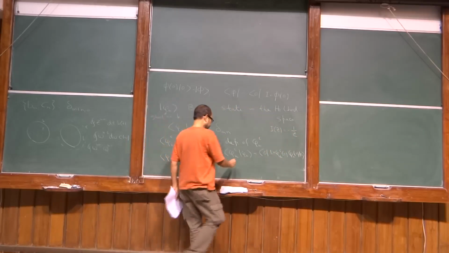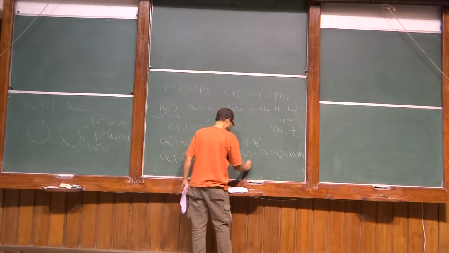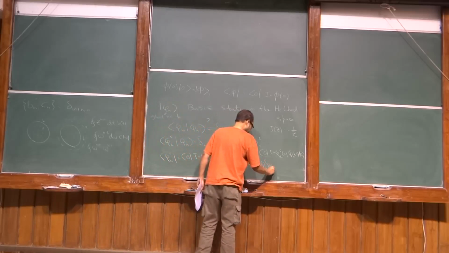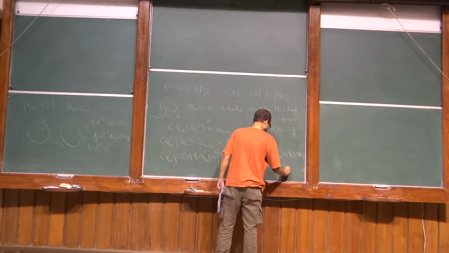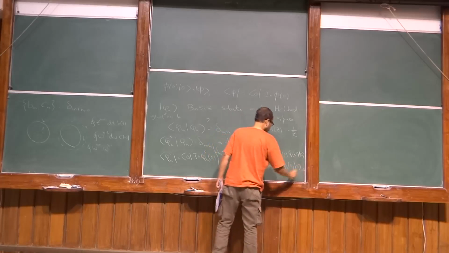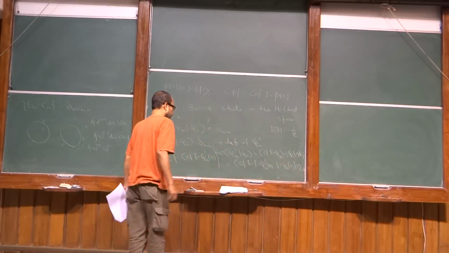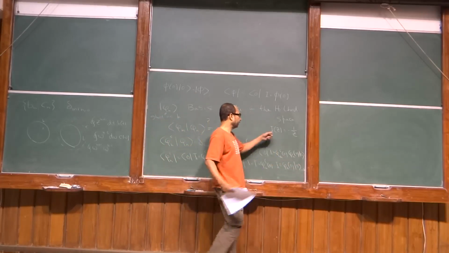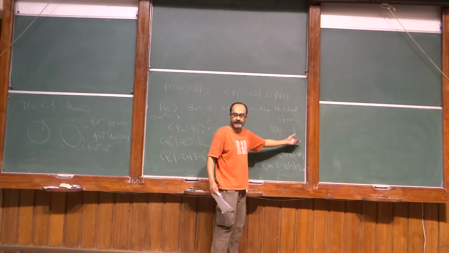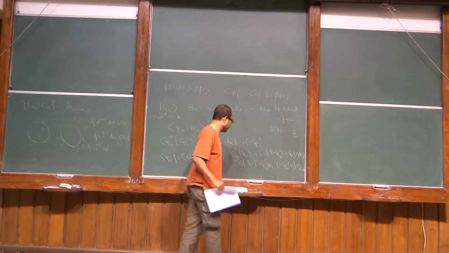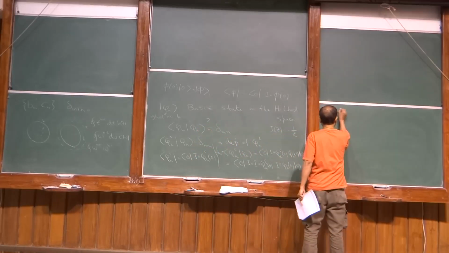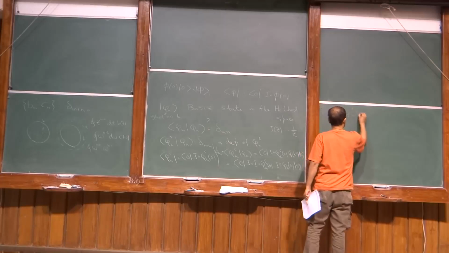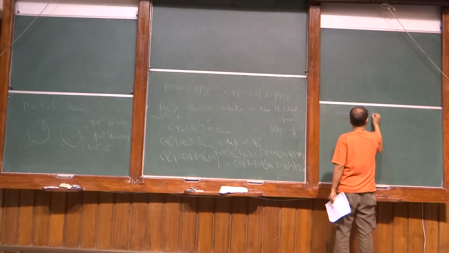So by using SL2C invariance, we can write this as I dot phi n c of 0, I dot phi n of 0. But this is just the identity. If you apply z goes to minus 1 over z and then again take z to minus 1 over z, you come back to z. So this is just phi n c of 0, I dot phi n of 0.